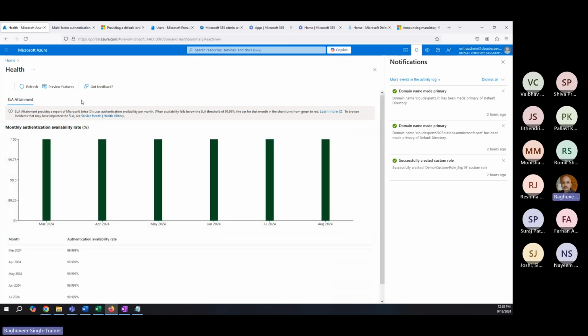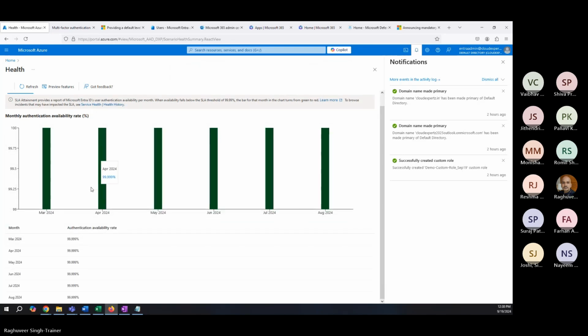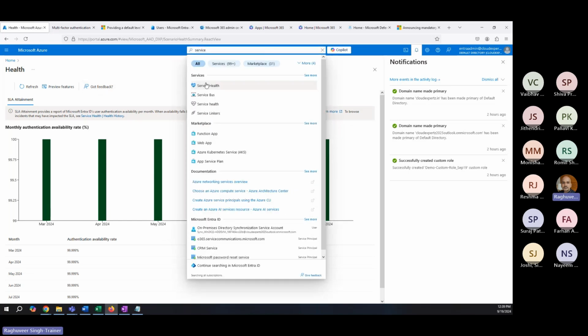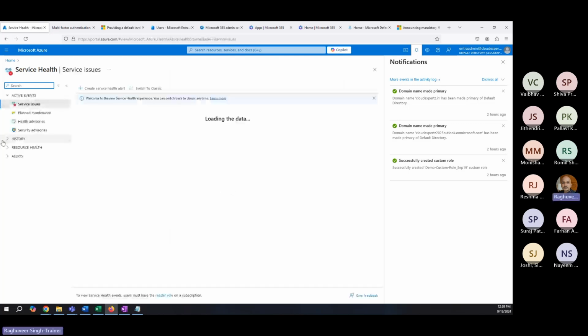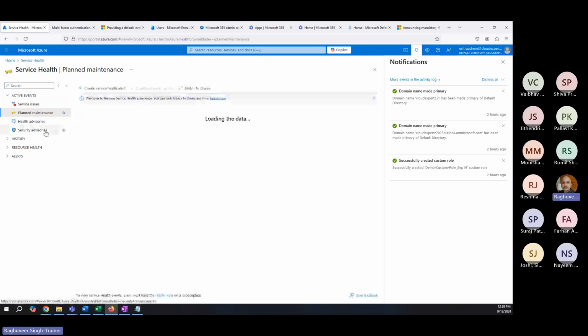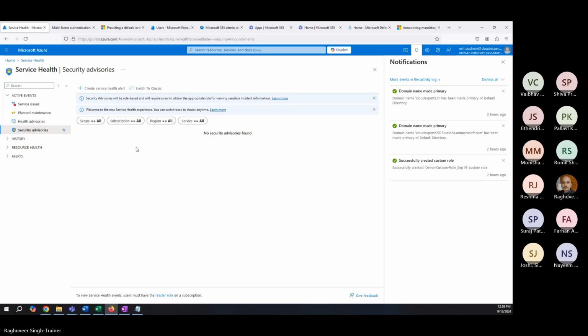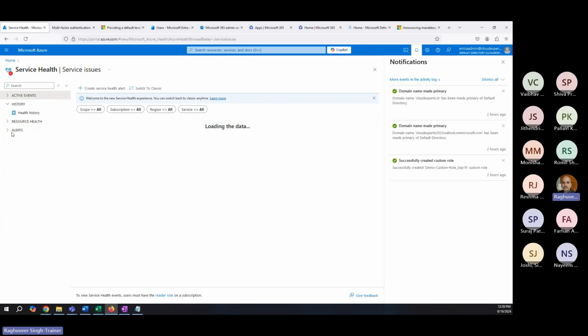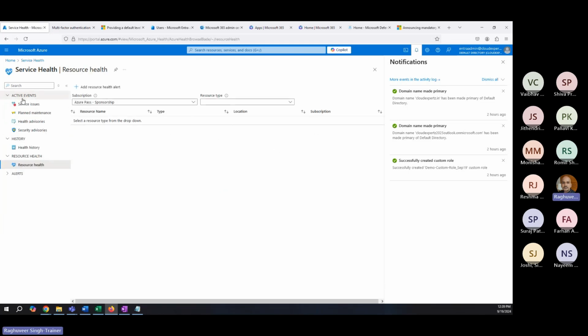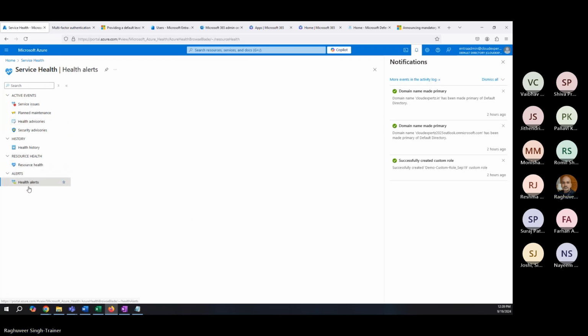When I go to service health, yep, over here you see notifications: planned maintenance, health advisory, security advisories. So here you see basically the alert.